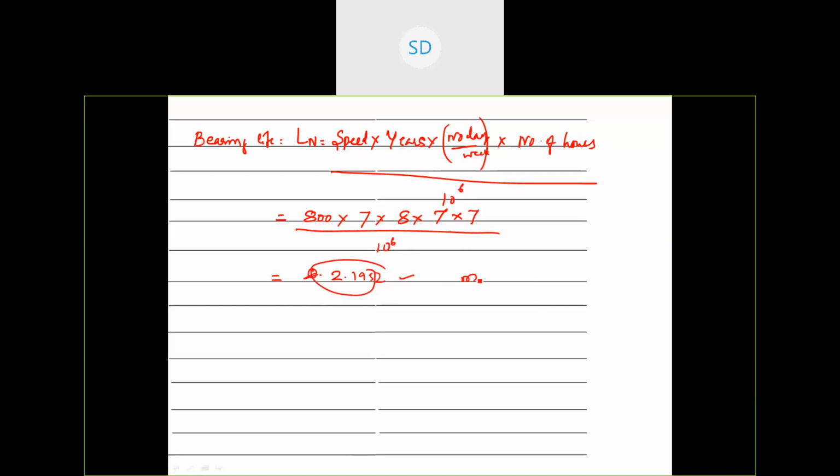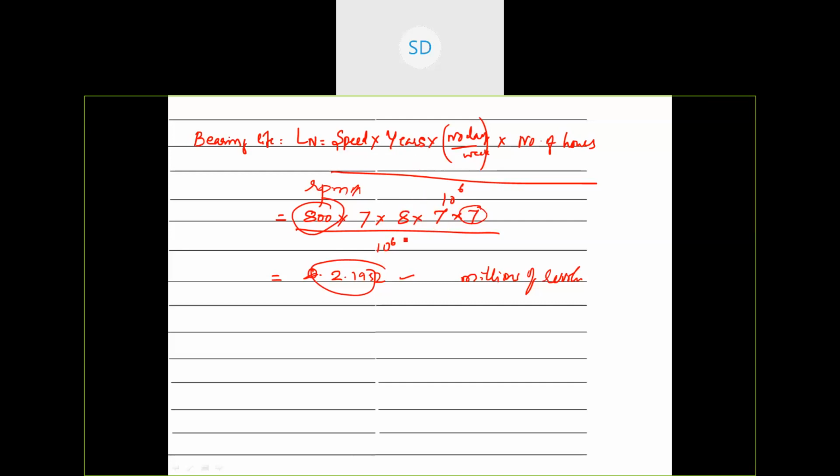Now this has to be in millions of revolutions, right? Now RPM stands for revolutions per minute. Now how are we going to convert this minutes into millions of revolutions? Here you have gone for 7 hours per day.